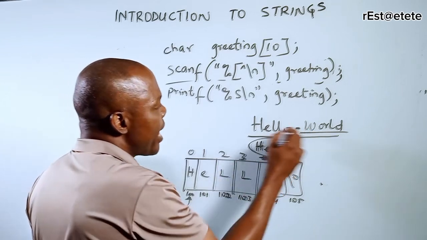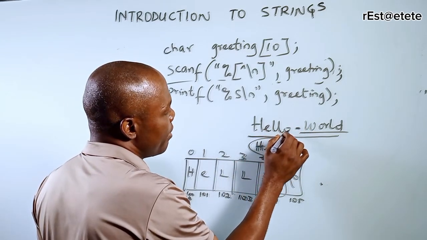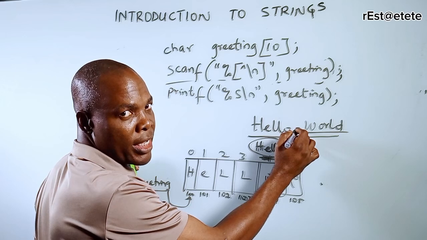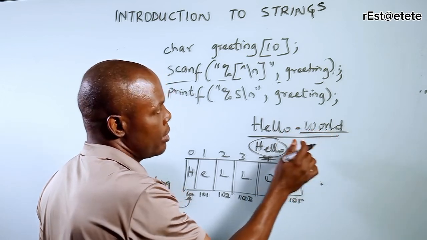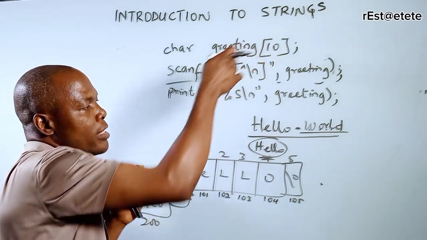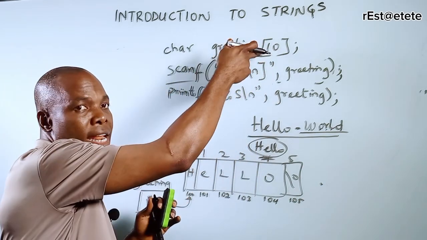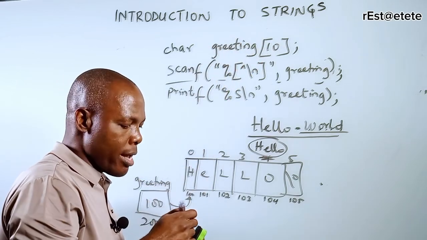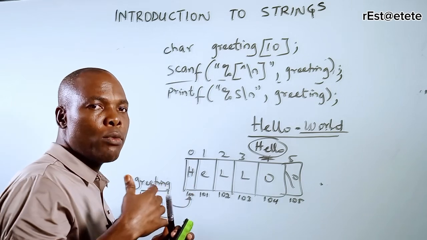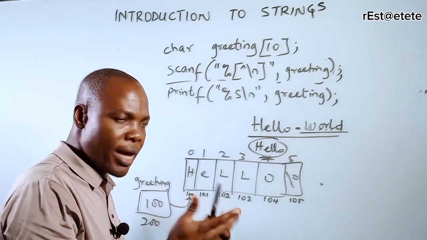Meaning, if I have 1, 2, 3, 4, 5, 6, it is also considering the space as a character. 7, 8, 9, 10, 11. So what I created here is 10 characters. And these 10 characters will include my slash zero, my null character. So it means I'm going to supply only 9 characters.